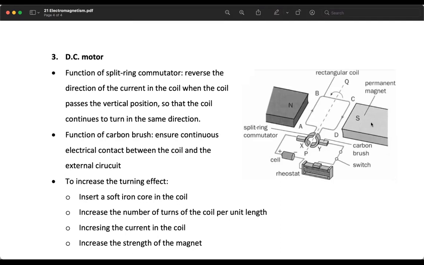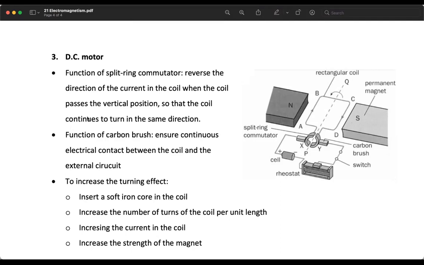In this case, we rotate things, and that's how a motor works. That's how a fan works. You can help things rotate. Are you able to appreciate this?